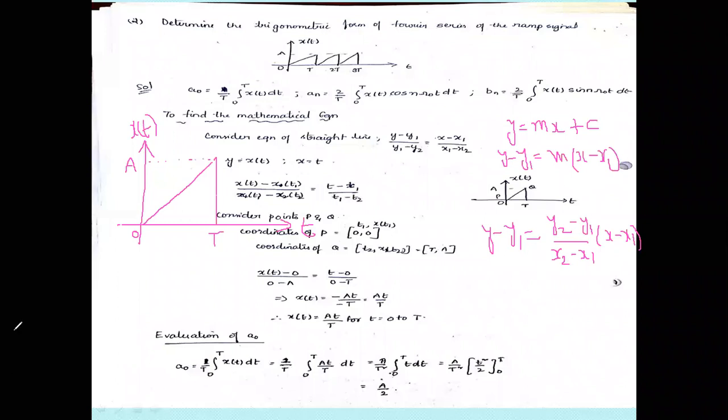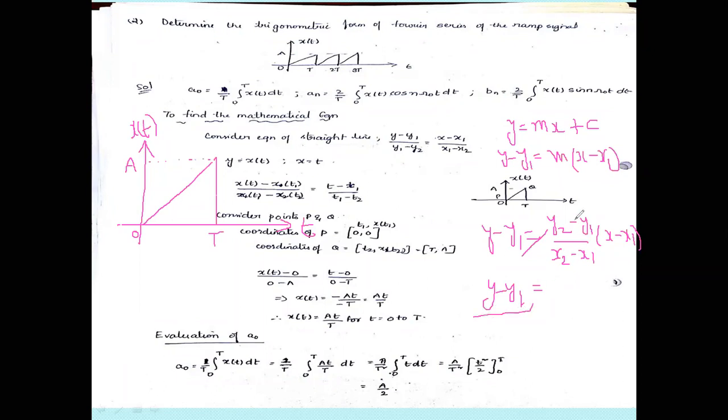So y minus y1 is equal to (y2 minus y1) by (x2 minus x1). This is the slope, into (x minus x1). Or otherwise, we can write it as (y minus y1) by (y1 minus y2), and we can cross multiply here. But it is not y2 minus y1, it is y1 minus y2, and x1 minus x2. I take the common minus sign, so it changes to y1 minus y2, and here x1 minus x2. So both are the same, nothing is different.